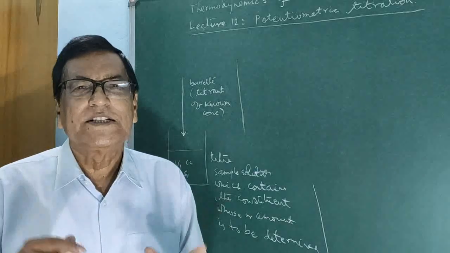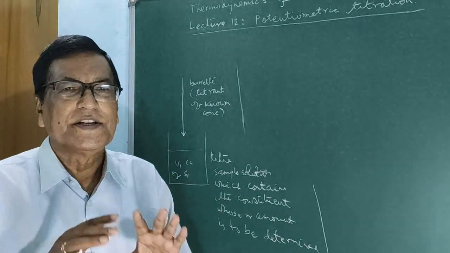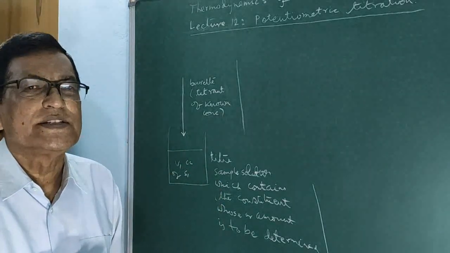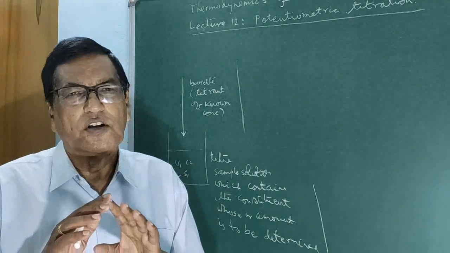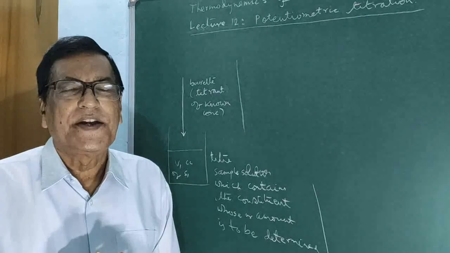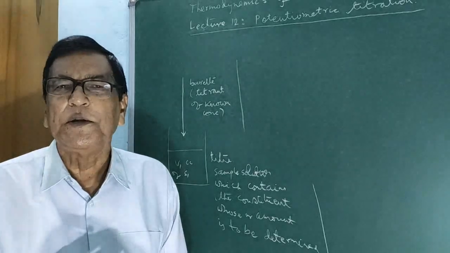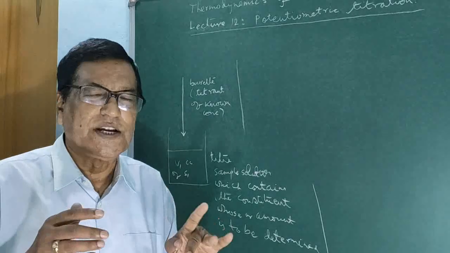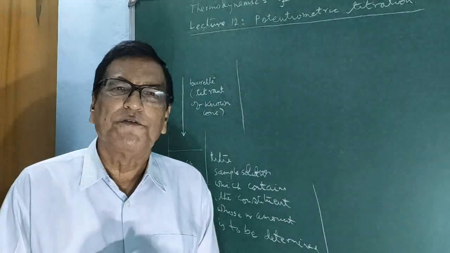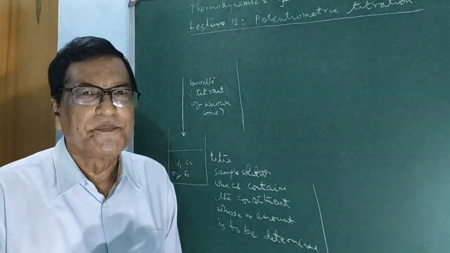The difference between the equivalence point and end point is the titration error. We always want this titration error to be minimized by suitable choice of the endpoint signal and the method of detecting this signal.